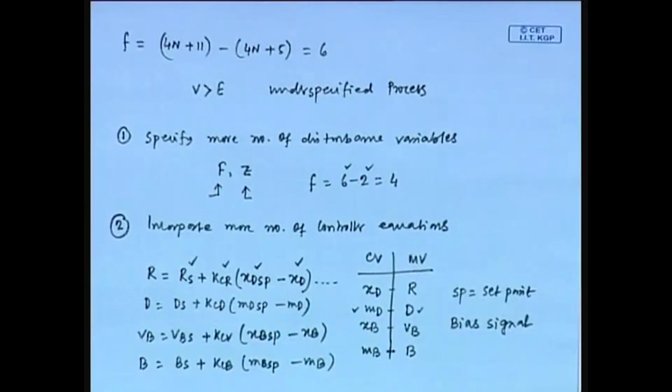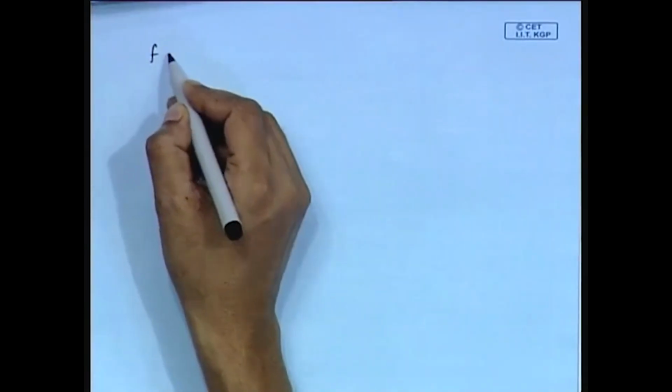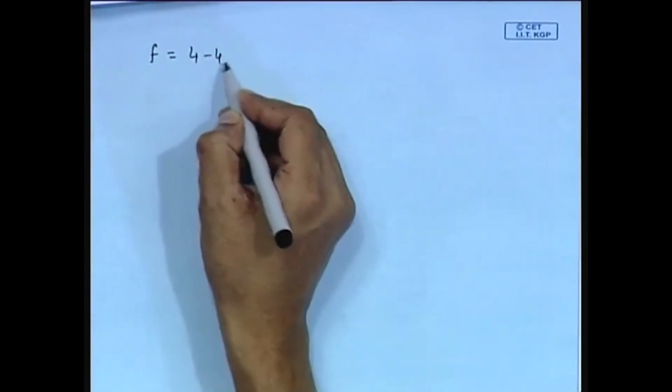These are the control equations, total 4 equations. So, if we include 4 equations, then degrees of freedom becomes 0.